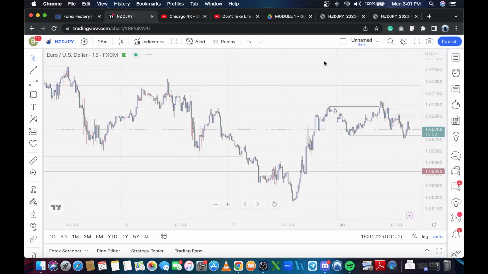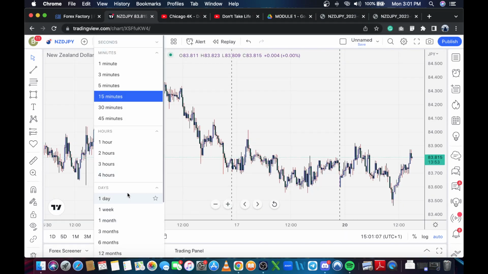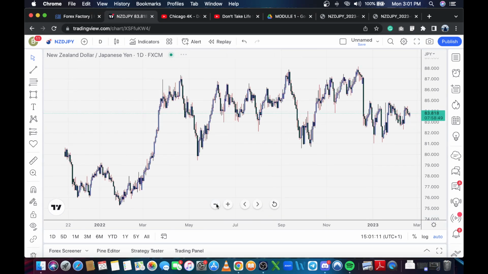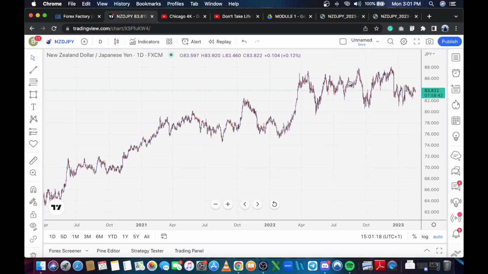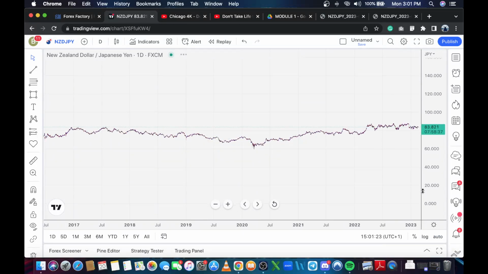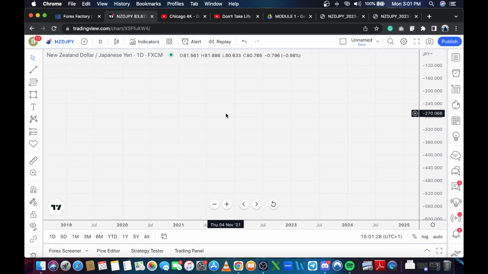So using the idea I just shared with the standard accumulation phase from the commercials. Now obviously if it's a distribution phase, you just invert the diagram and it will make sense. So on the left you have a distribution block, and on the right you're going to have an accumulation block. Due to the size of contracts and volume with these entities and these funds, they cannot sell when the market is declining.